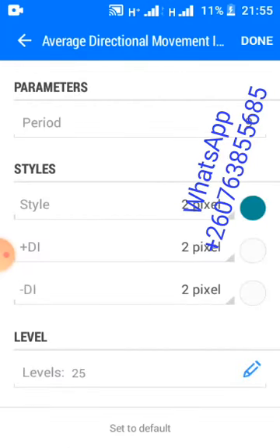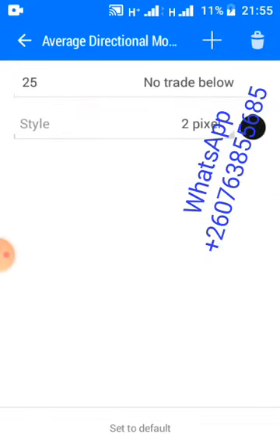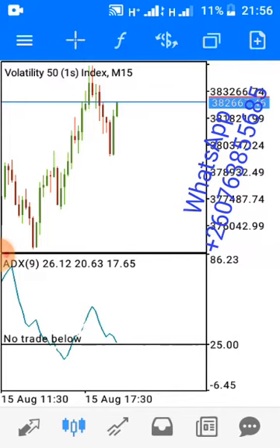Make sure your period is 9, and the style can be any color of your choice, and make sure the plus DI color is equal to the background of your chart, and the negative DI likewise. Then make sure the level is 25. The description is no trade below. From there you click done.